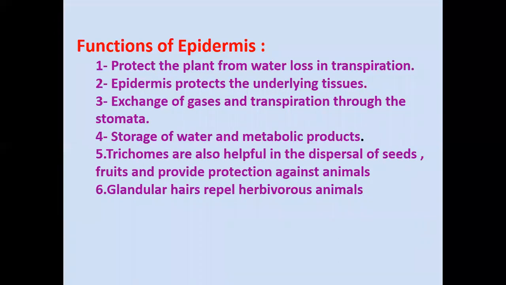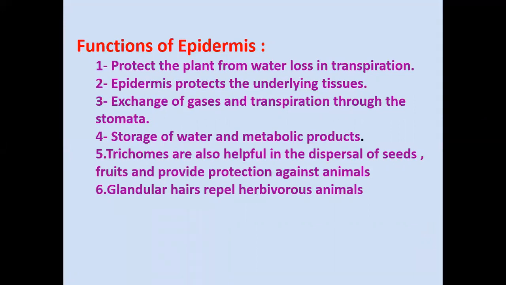Lastly, we discuss the functions of the epidermal tissue system, or mainly epidermis. First one is to protect the plant from water loss in the transpiration process. Epidermis protects the underlying tissues also. Different types of tissues are there, complex tissues and permanent mature tissues, which are protected by the epidermis layer only.